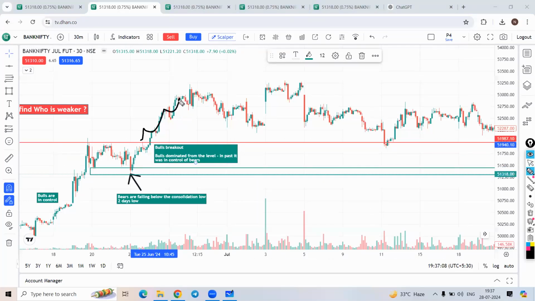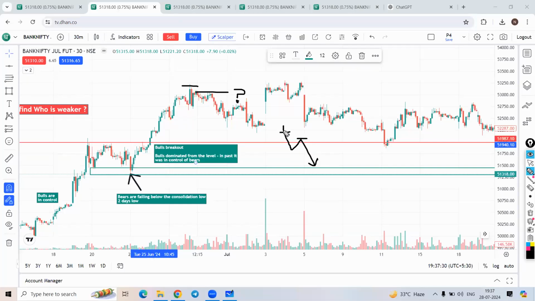Bulls are moving up. Then why are we forming a lower high? Higher low going on is fine and good. Suddenly, high, lower high. What's going on here? Who can form a lower high?